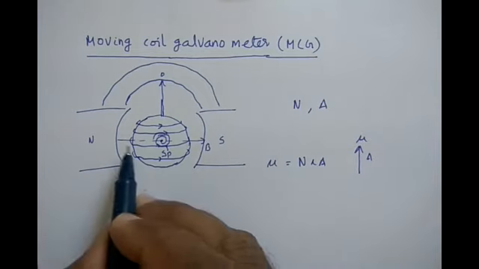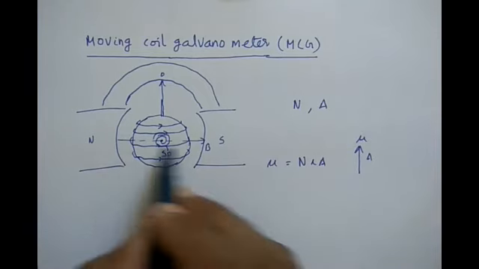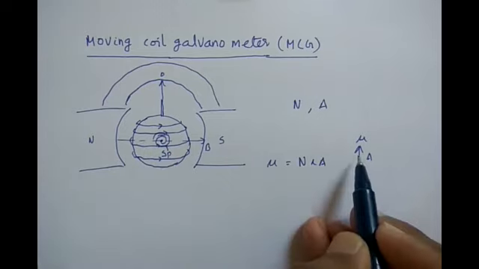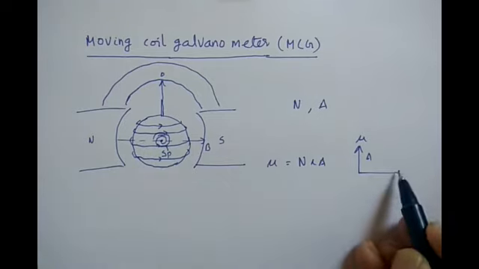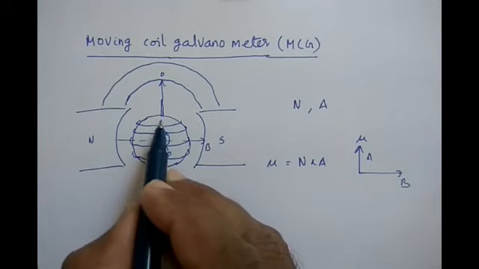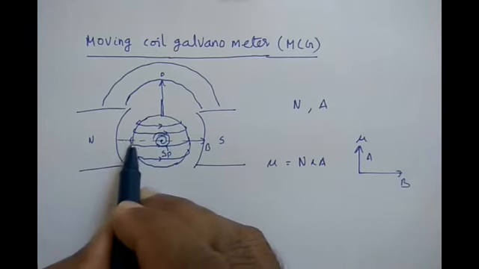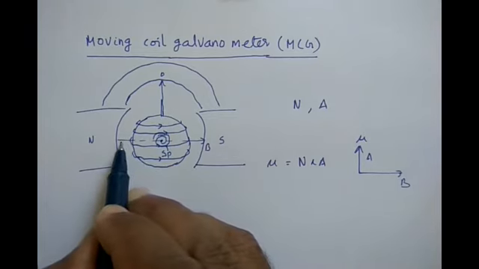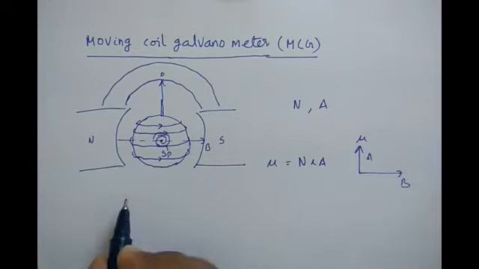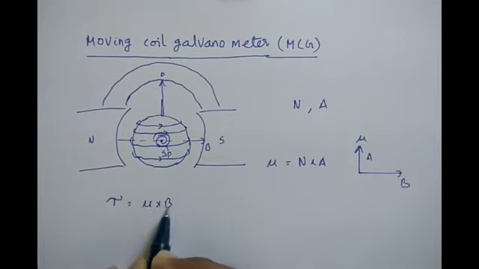Now the magnetic field is in this direction. The magnetic field is perpendicular to the area. So whenever current is established, the magnetic moment will act in this way, and the magnetic field is acting in this way. Because of this, the torque acting on the coil will be mu cross B. This is the equation.